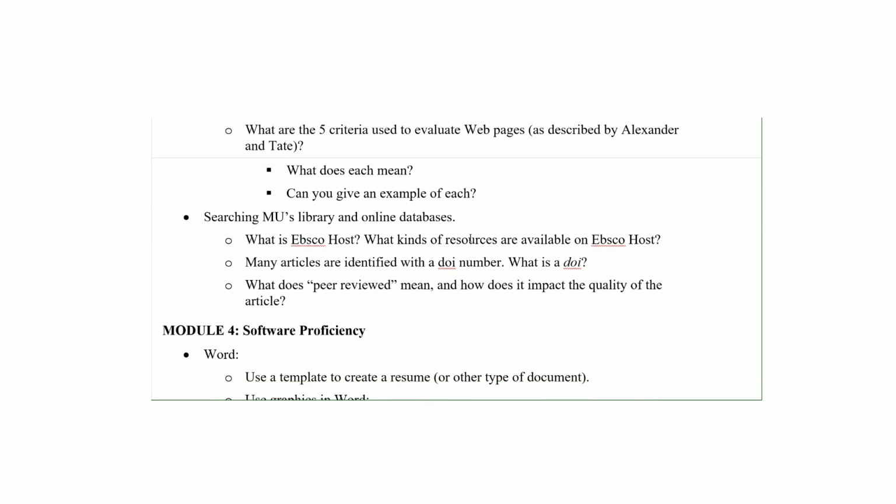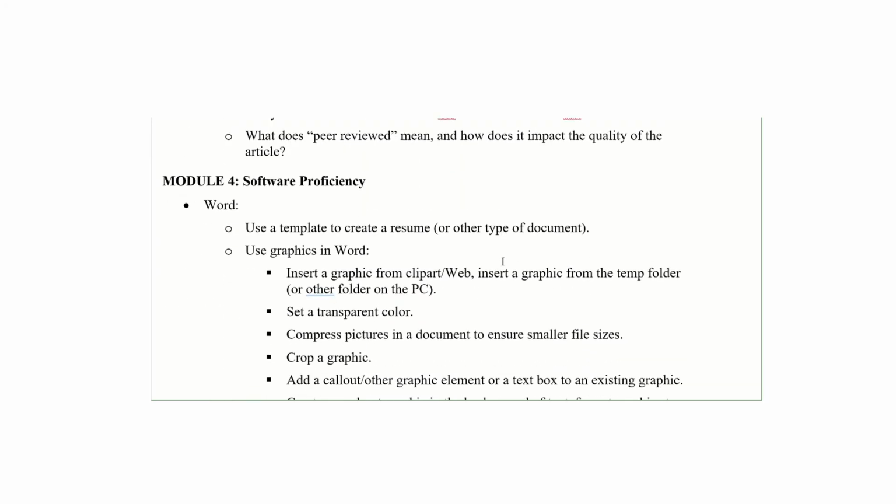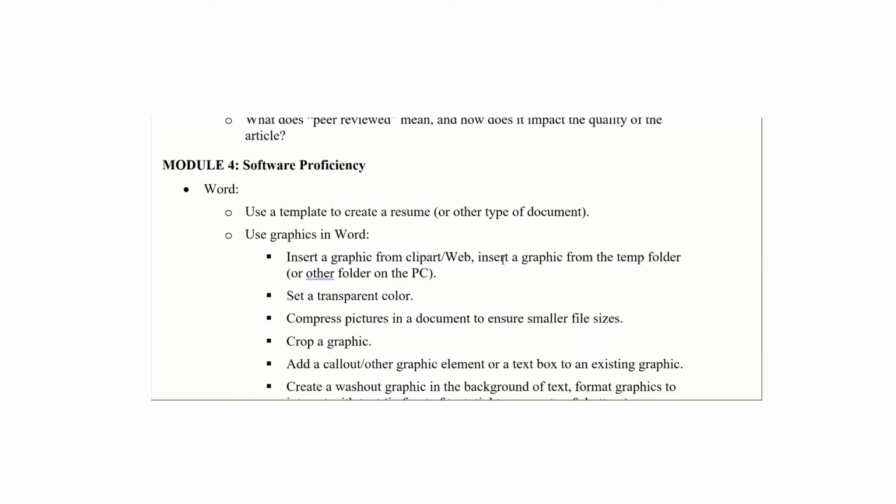We looked at searching Misericordia's library, and we looked at using the online databases, specifically EBSCOhost. We said it's very good to go there because you can find better quality articles versus going onto the web in general.